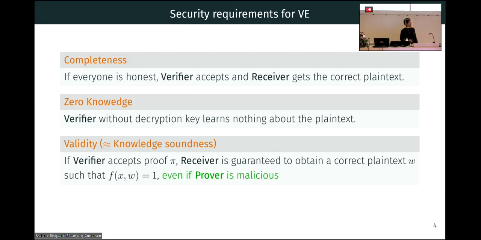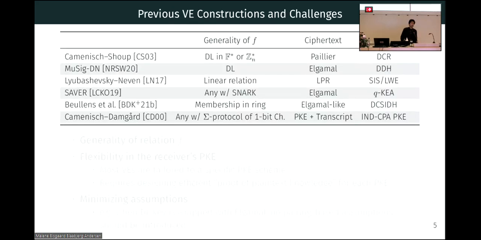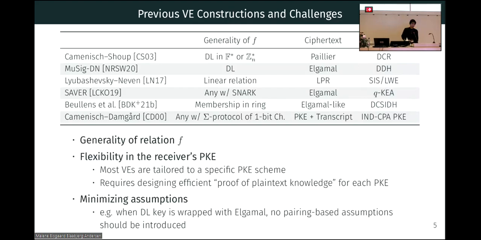Validity is somewhat similar to knowledge soundness, but it's slightly different. So here, if the verifier accepts a proof phi, the receiver is guaranteed to obtain a correct plaintext satisfying the relation, even if the prover behaves maliciously. So usually these are the design goals whenever you construct a verifiable encryption. If you look at the previous constructions, there are some efficient constructions, but there are a few challenges.